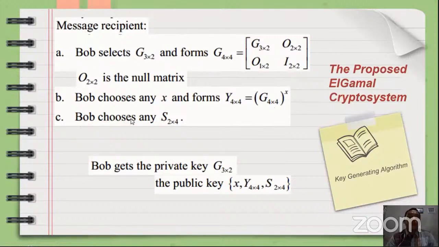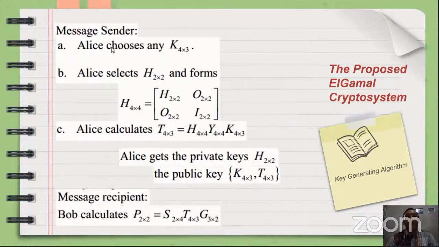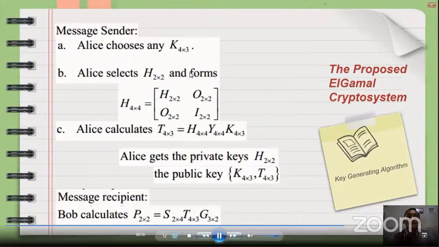Next, Bob chooses any S. In this step, we know Bob gets the private key G 3 times 2 and the public key. Next, the message sender, Alice, chooses any key.